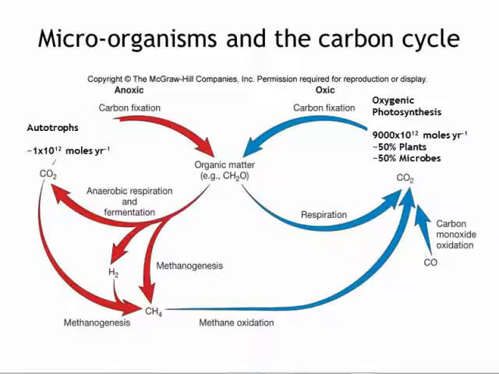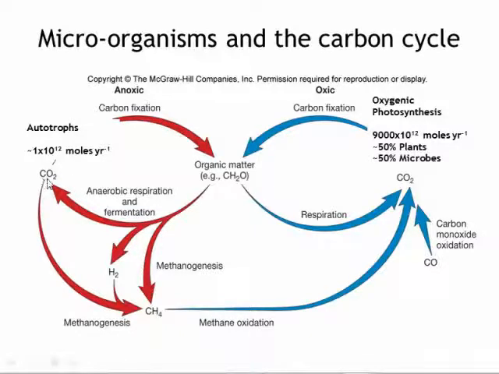So to put all of this into some kind of context, I'm going to talk a little bit about the carbon and nitrogen cycles and the role of bacteria in these large biogeochemical cycles, and then we'll finish up with photosynthetic bacteria. So, probably you know all about this.